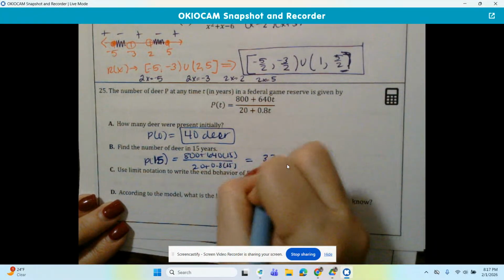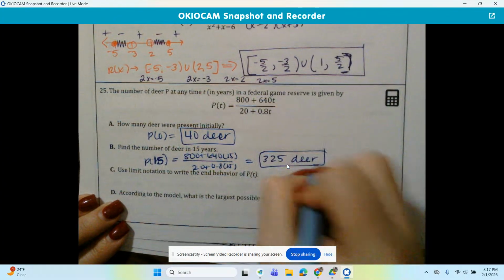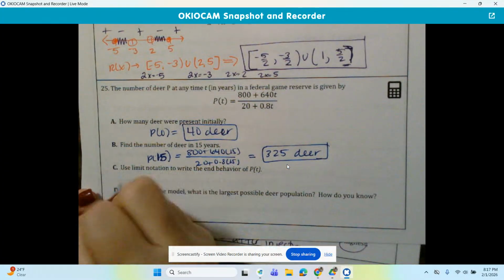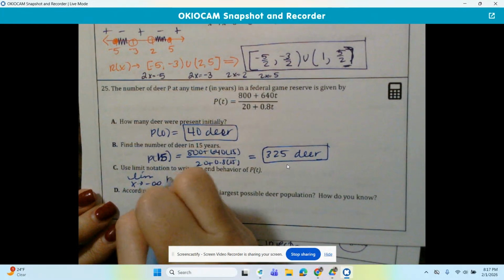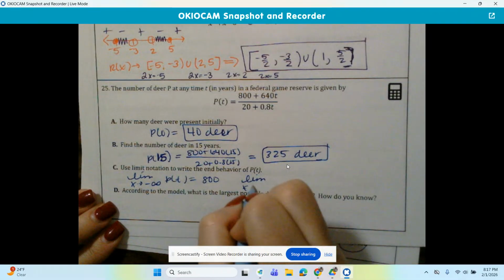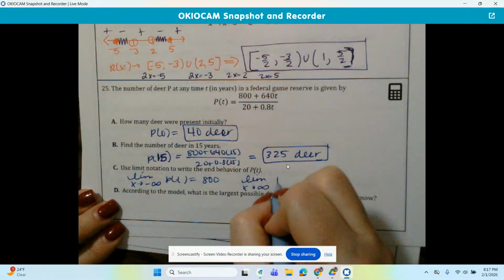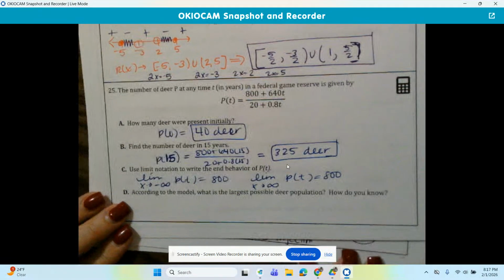But again, we just did that. So that gave us 325 deer. All right, we know our limit as x approached negative infinity was 800, and our limit as x approached positive infinity was also 800. So what does this mean?